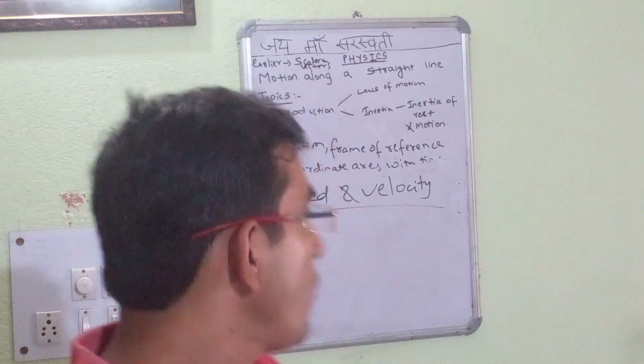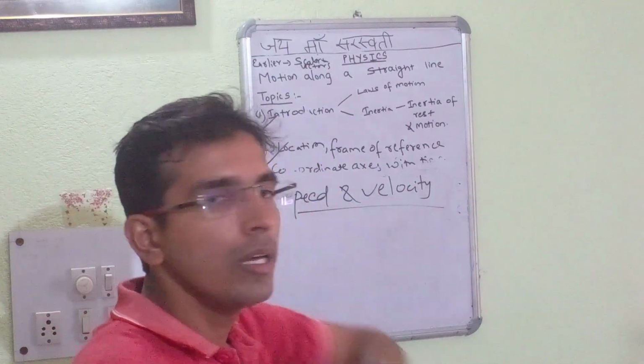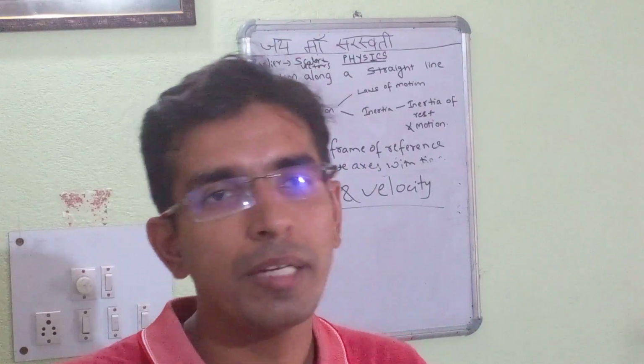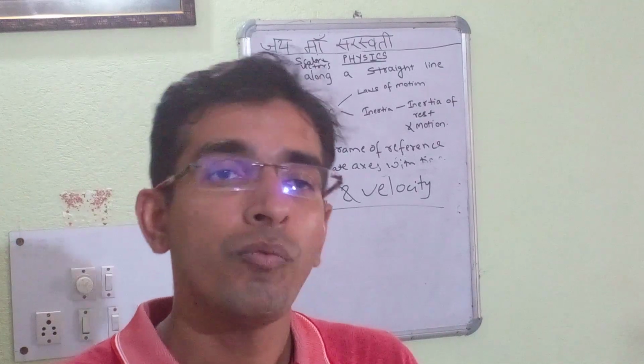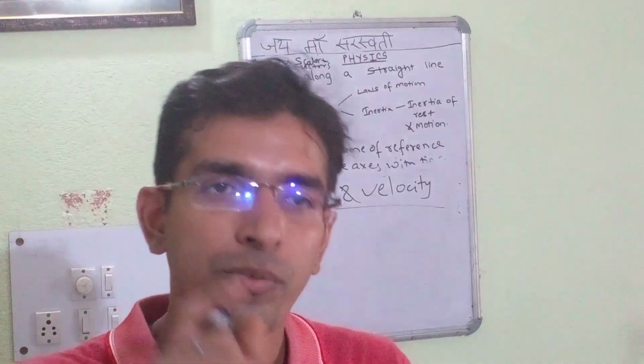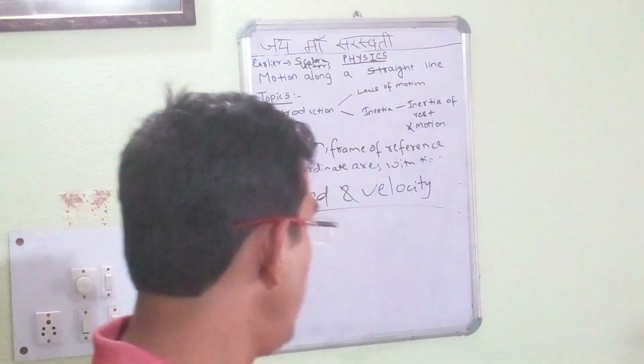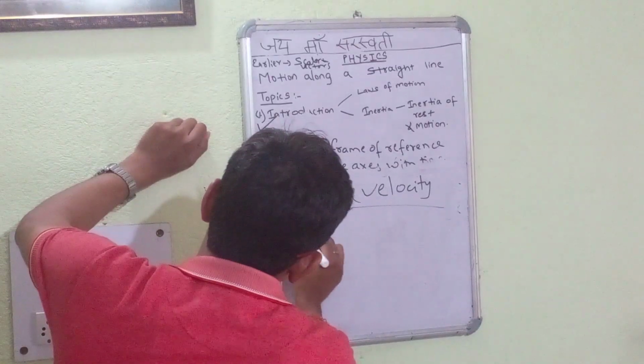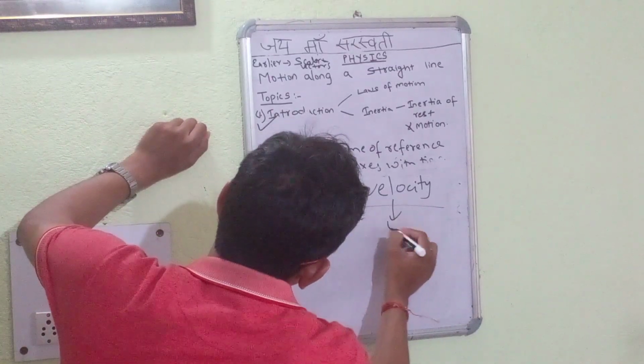And whenever we are talking about the velocity, mathematically both have the same formula, that is dx by dt, but in the velocity we have to take the direction as well as magnitude, because it is characterized under the vector quantity. So velocity is a vector quantity, speed is a scalar quantity.